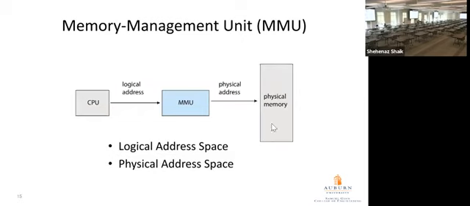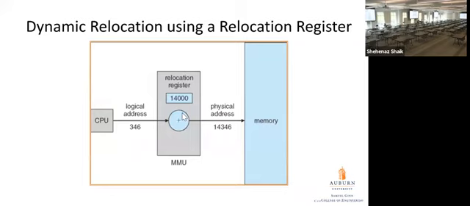So we have looked at how the logical, or relocatable, address is converted to the physical address. As I mentioned, the memory management unit is responsible for performing that task, and here we have one simple solution where we can specify the starting memory location of the process address space in physical memory.